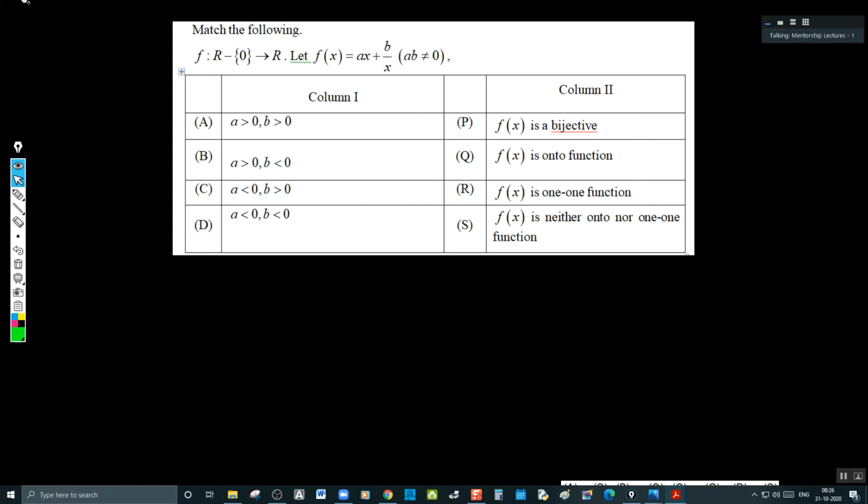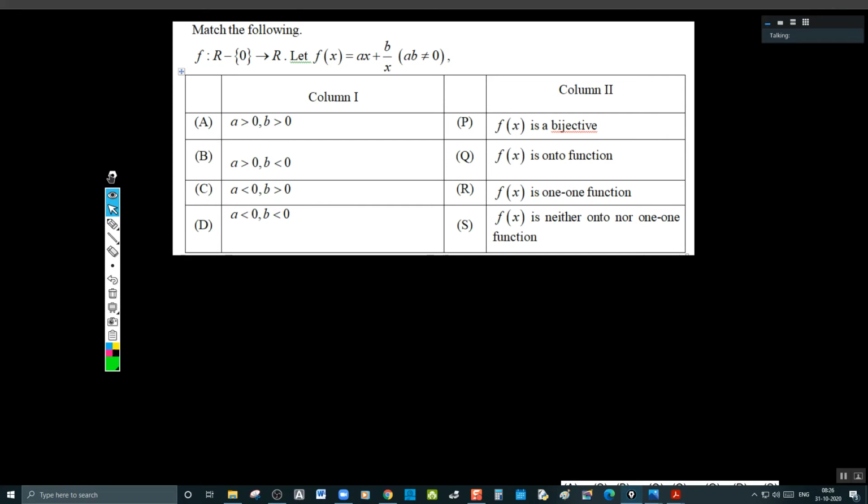f maps R minus 0 to R. Let f of x equal to ax plus b by x, AB not equal to 0. That means neither A nor B must be 0. And A greater than 0, B greater than 0.